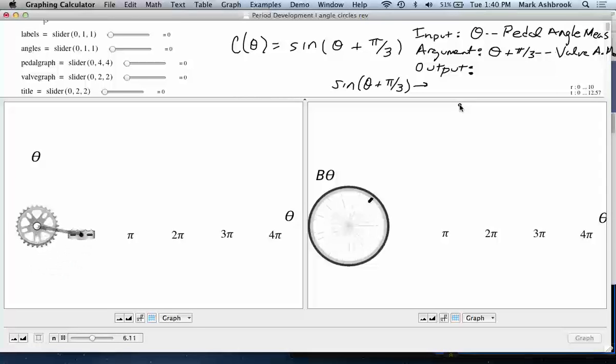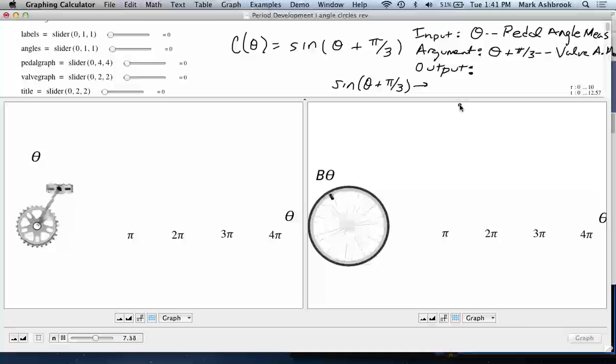Do we know what sine is by now? Brooke, this output, sine of theta plus pi over 3, what is that? She said it's the vertical distance above the horizontal diameter of the tire valve.